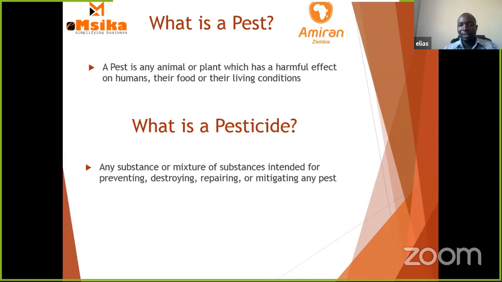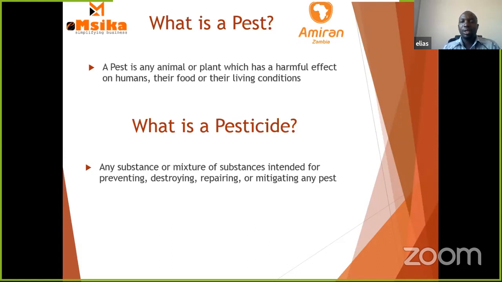So what is a pesticide? A pesticide is any substance or mixture of substances intended for preventing, destroying, repairing, or mitigating any pest. So when we have a pest in our field and we buy a certain chemical to correct the situation in the field, the chemical that we are going to use is called a pesticide. So a pest is not just an insect in this regard.